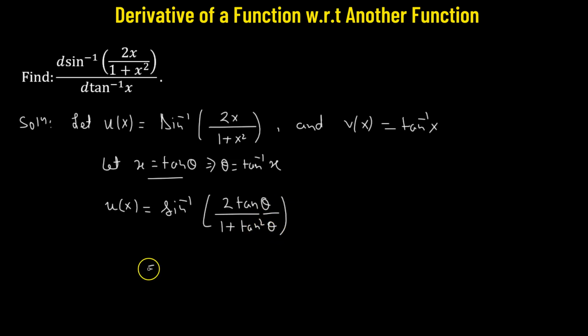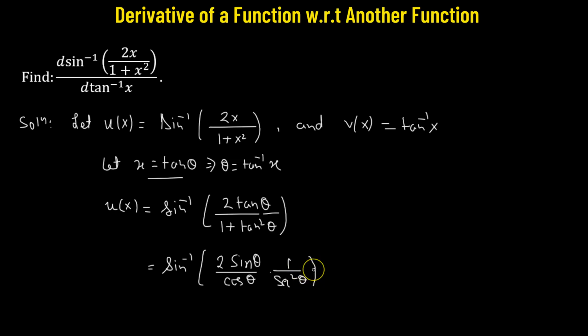So this is going to give us inverse sine of 2 times tangent of theta, so that's the ratio sine theta over cosine theta, and 1 plus tangent squared theta, so that's an identity which is 1 over secant squared theta.